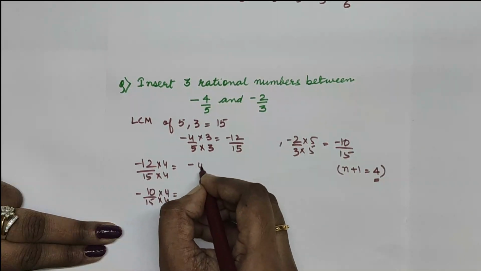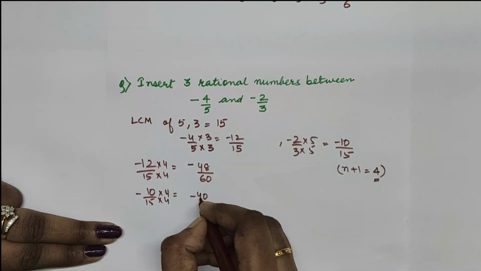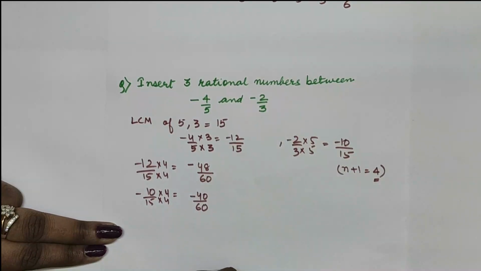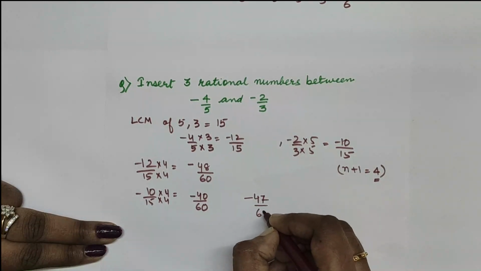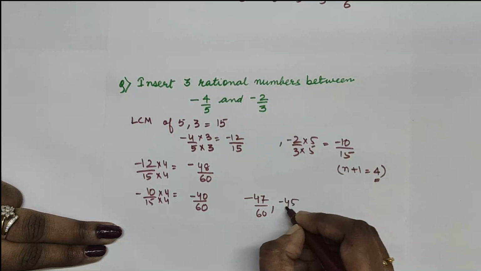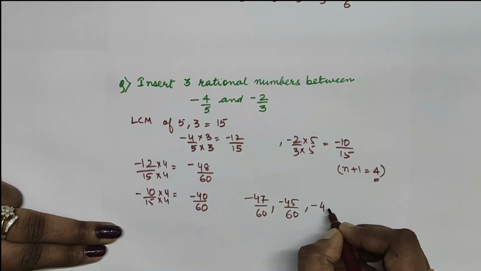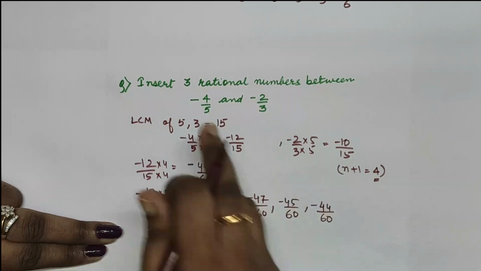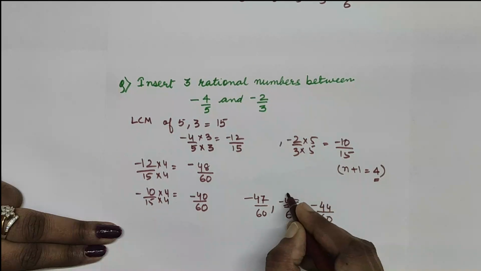I get -48/60 and -40/60. In between them we have -47/60, -45/60, -44/60. I need 3, so I take any 3, and these I can even reduce.